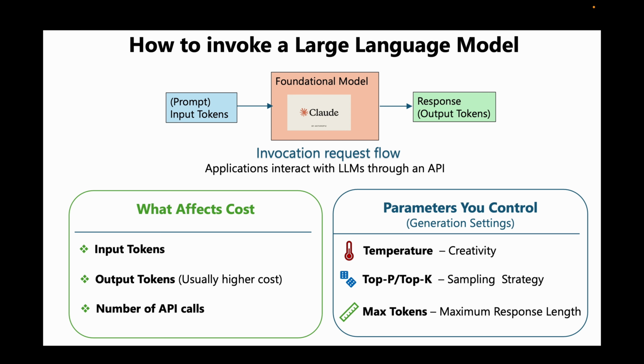They limit the set of candidate tokens that the model can draw the next token from. The third parameter is max tokens, which is basically the maximum number of tokens that the model is allowed to generate. It acts as an upper limit on the response length. Most model providers allow these inference parameters to be set on an LLM call.